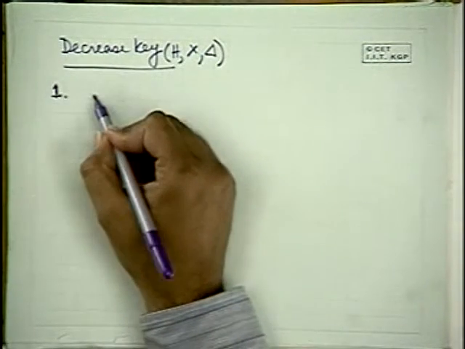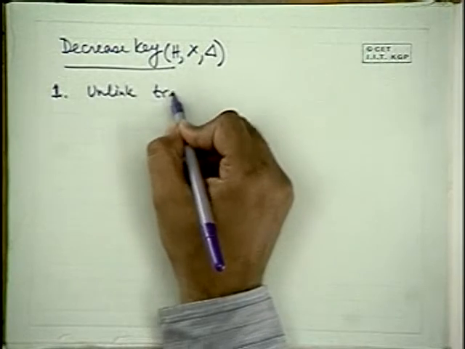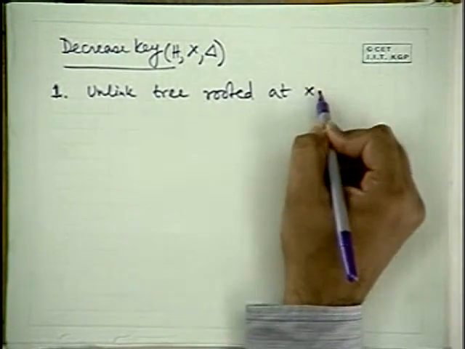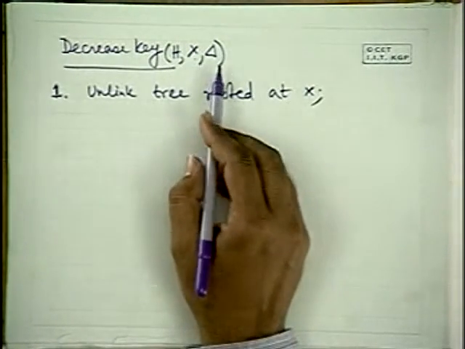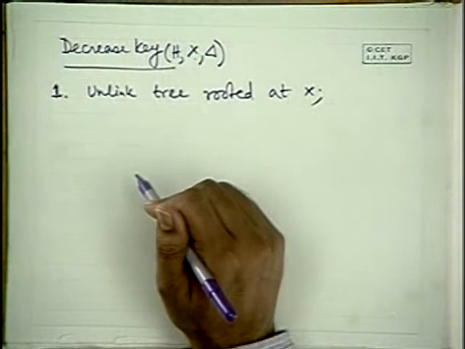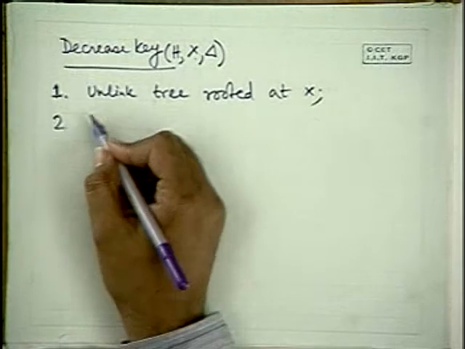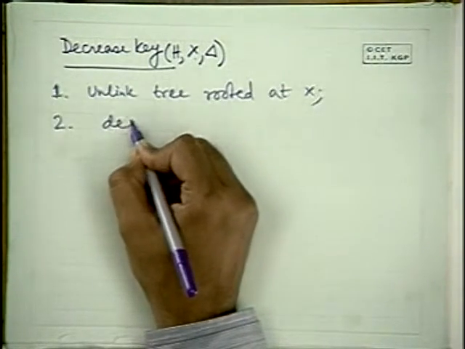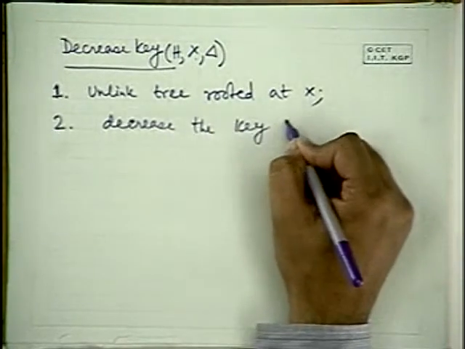Sub operation 1, first is unlink the tree rooted at x. So the pointer to x has been given, you just cut it out from its sibling cycle. The second, decrease the key by delta.